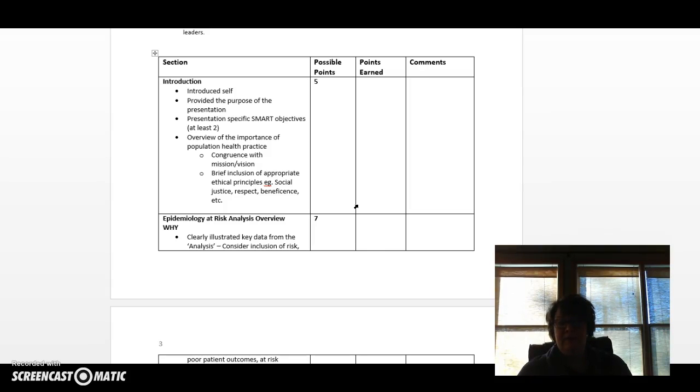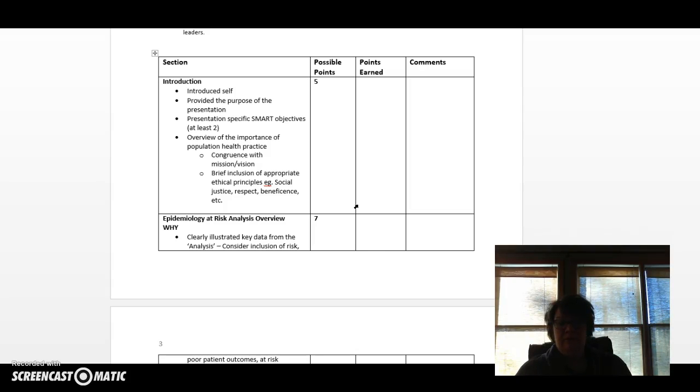So it may be as simple as, by the end of the presentation, the audience will identify 2 key components of the population health project as demonstrated by, and it could be as simple as the discussion at the end of the presentation, or question and answer.